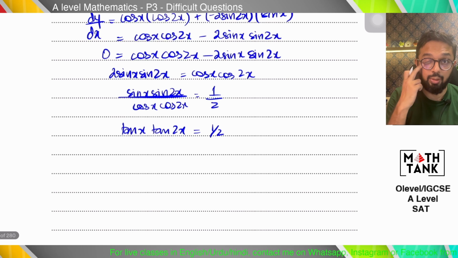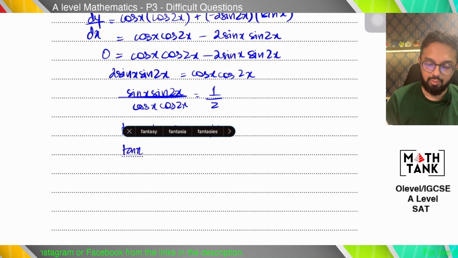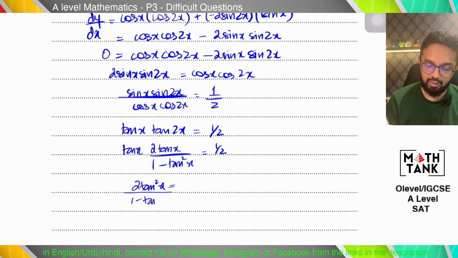And then I can go on and say that this gives me tan x, 2 tan x over 1 minus tan square x equals to half. 2 tan square x equals to 1, 1 minus tan square x.